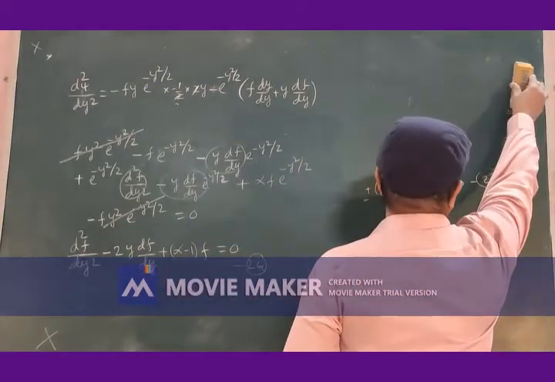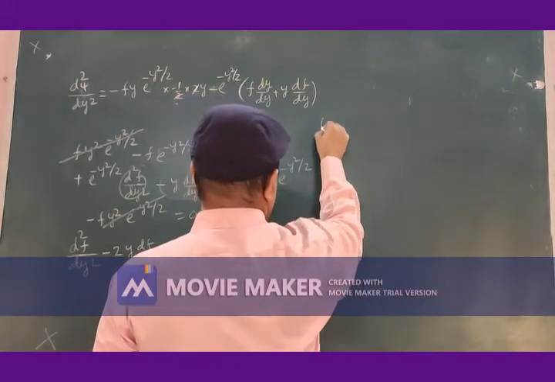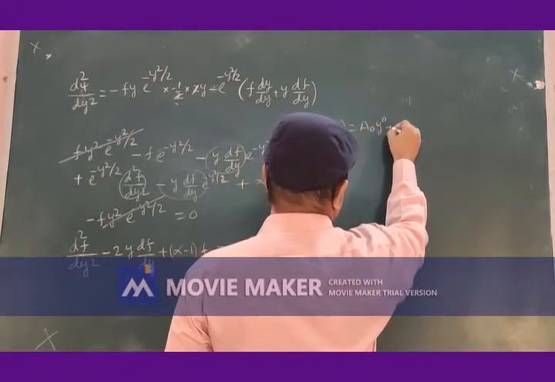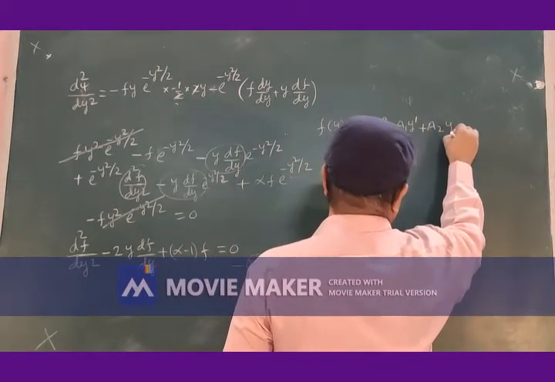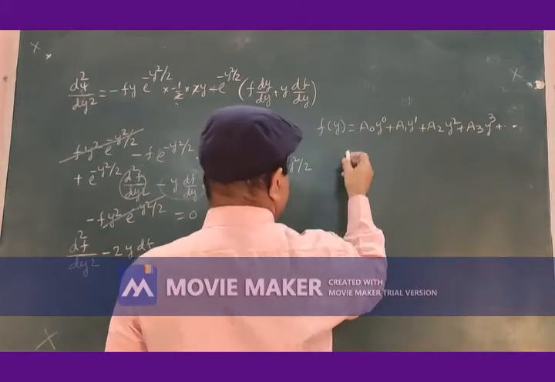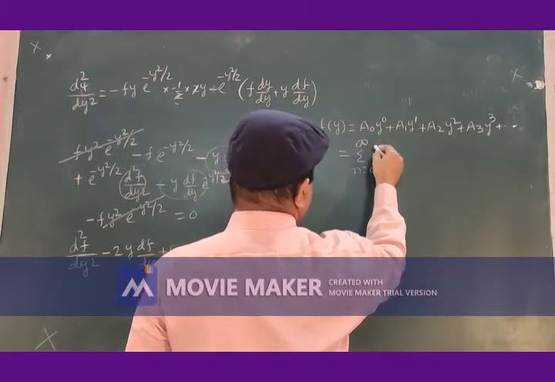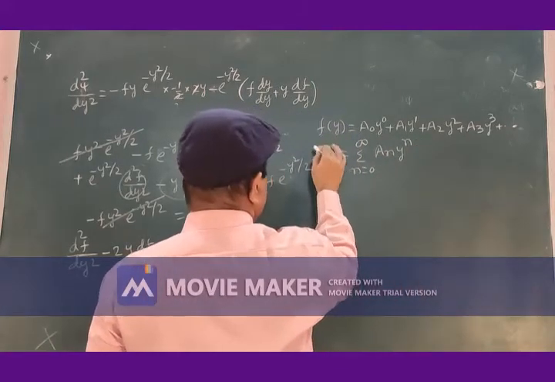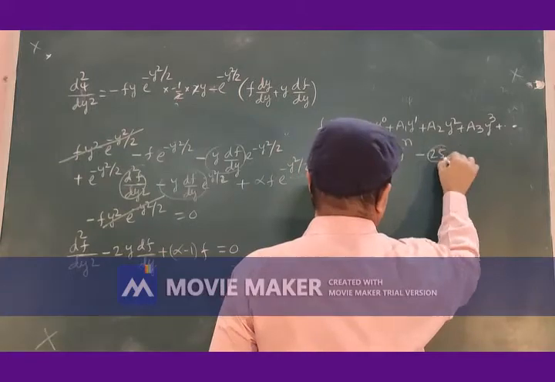Let us see how to express this in terms of a power series. f, or you may write f of y, is equal to a0 y to the power 0 plus a1 y to the power 1 plus a2 y square plus a3 y cube and so on, which is the summation of n is equal to 0 to infinity a n y to the power n. This is f of y, equation number 25.